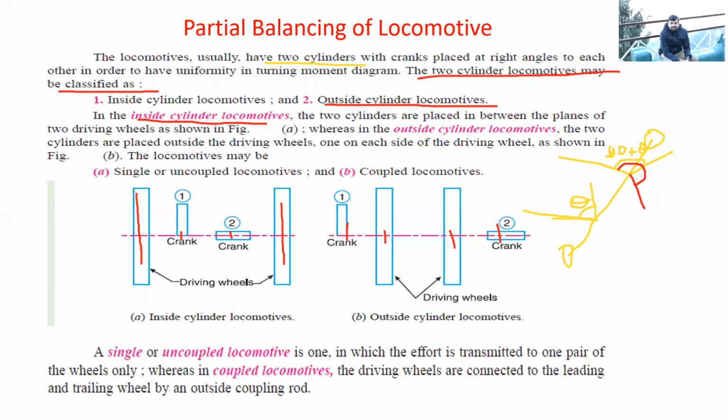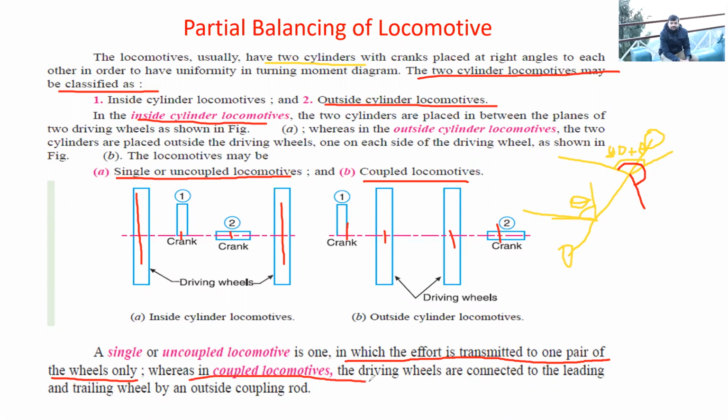All right. Now, the locomotive may be further classified into a single or uncoupled locomotive or a coupled locomotive. Now, what is meant by this? A single or uncoupled locomotive is the one in which the effort is transmitted to one pair of the wheels only. That is, all the force produced by this slider crank mechanism will be transmitted to only one pair of wheels.